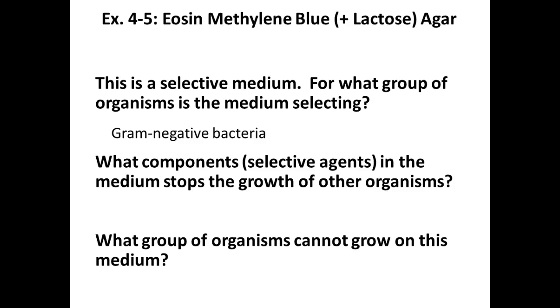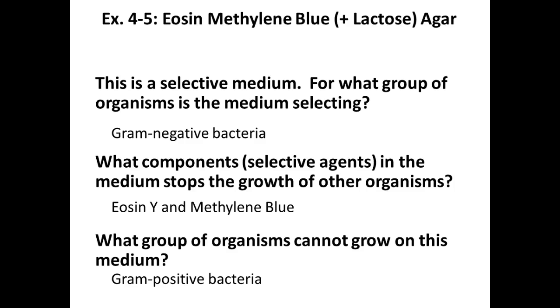It's the eosin and methylene blue. Those two dyes are toxic to the gram-positives. So who's not going to grow? Gram-positive. So if you had a gram-positive organism, hopefully your growth was inhibited on these plates by those dyes.